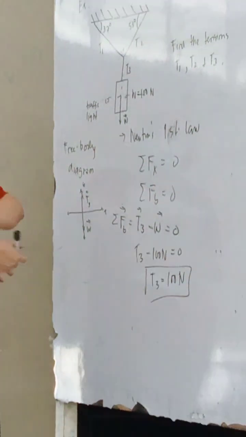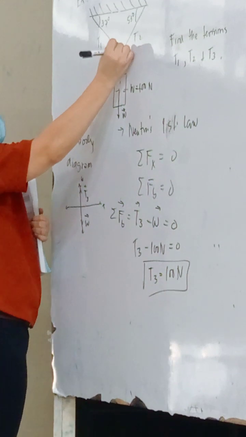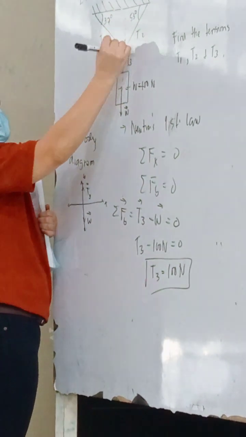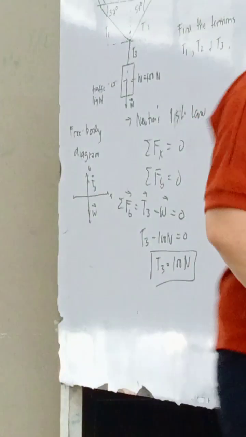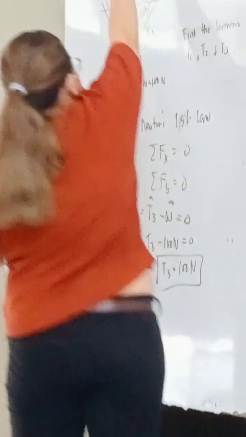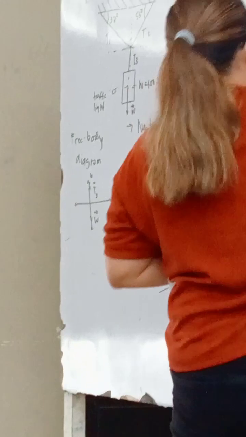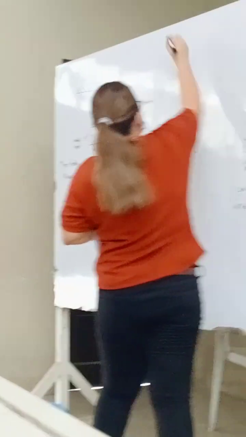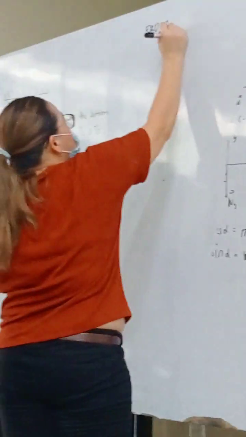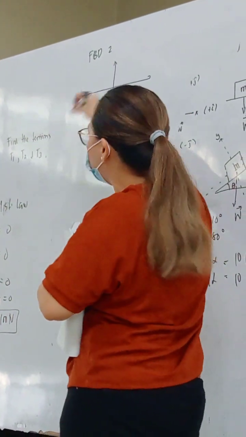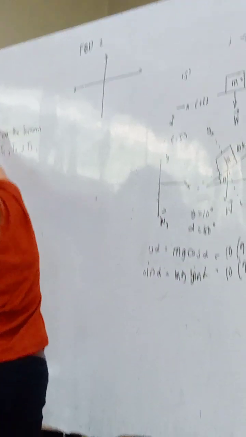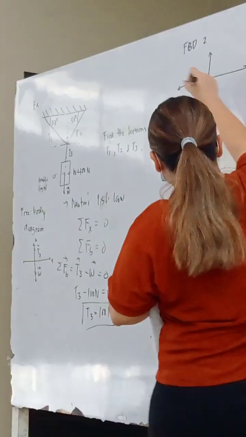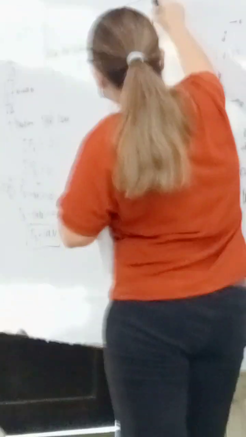In this case, we consider the point where the three tensions meet. This is the origin, this is the y-axis, and this is the x-axis. This is our second sketch in the xy plane, FBD number 2, FBD2. Here, T3 is at the bottom, at the negative y.